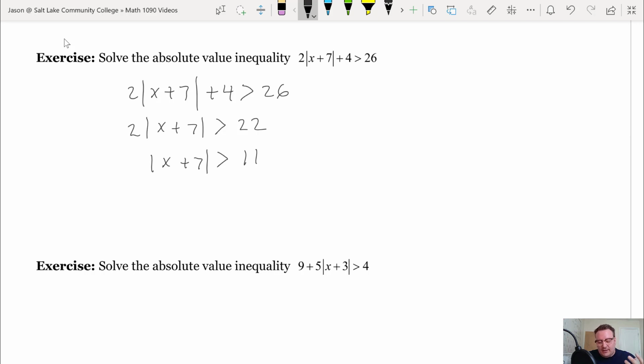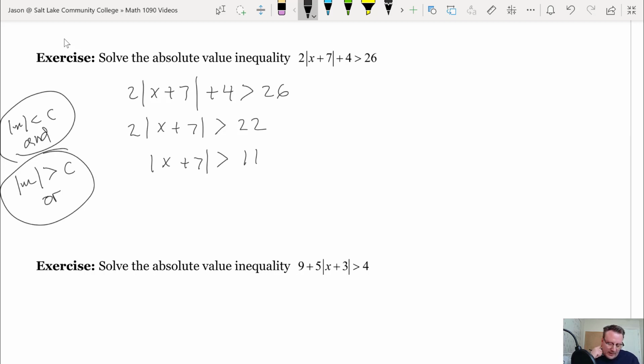So if you have something less than a constant, we use and as our connective. But if we have the absolute value of something is greater than some constant, then we use or as our connective between the expressions we get.